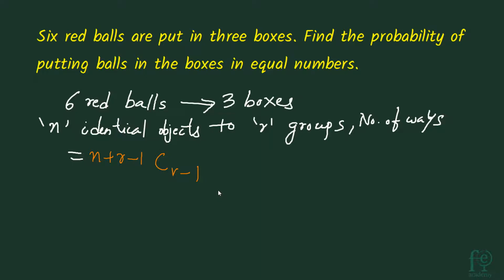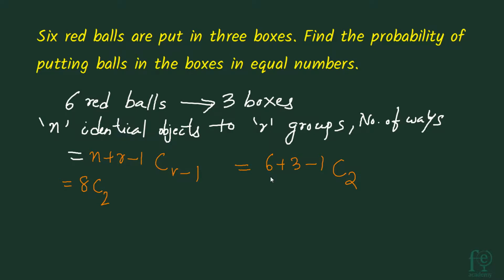For probability we need the total number of ways. So n plus R minus 1 C R minus 1. What is n here? Here n is equal to 6 and R is equal to 3. So 6 plus 3 minus 1 C 3 minus 1, that is C2. 6 plus 3 minus 1 is equal to 8. So 8C2 is the total number of ways of arranging 6 red balls into 3 boxes.